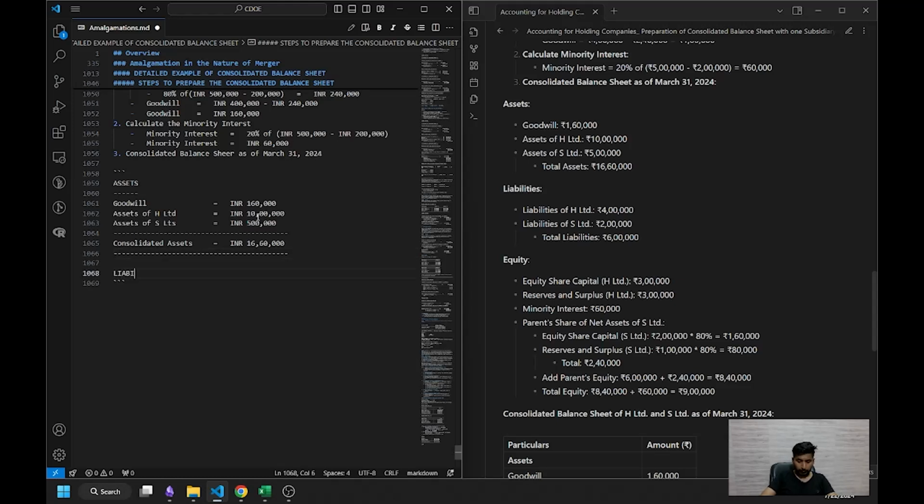Now the liabilities. The liabilities of H Limited were rupees 4 lakhs, and the liabilities of S Limited are rupees 2 lakhs.